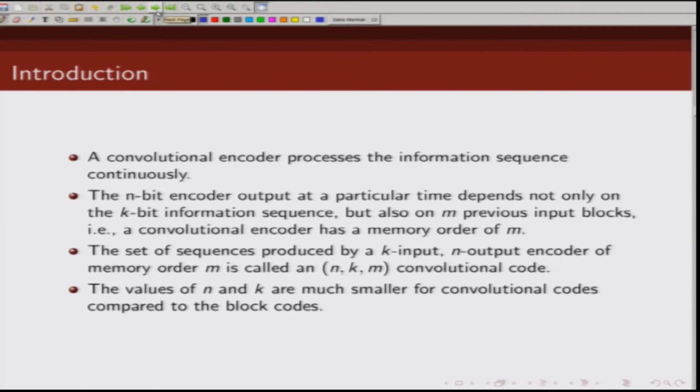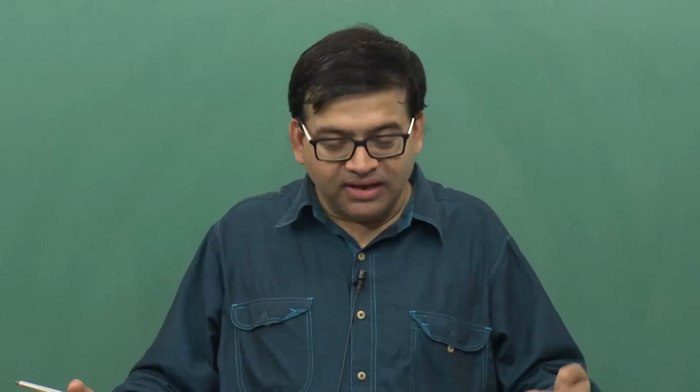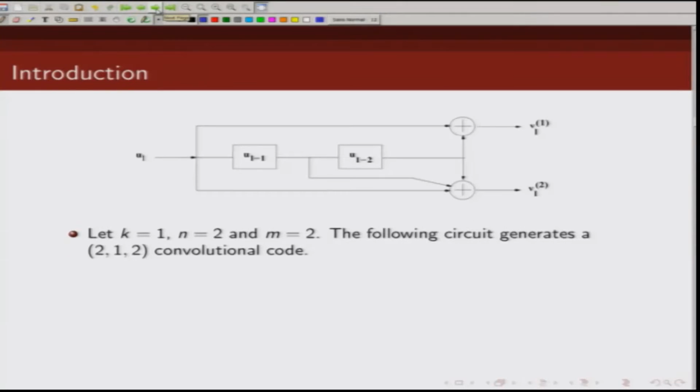Now, as we have said before, as opposed to block codes, typically the value of n and k for a convolutional code is much smaller, like k may be 1, 2, 3, and similarly n will be maybe 2, 3, 4, like that. So, this is one example of a memory 2 convolutional encoder.